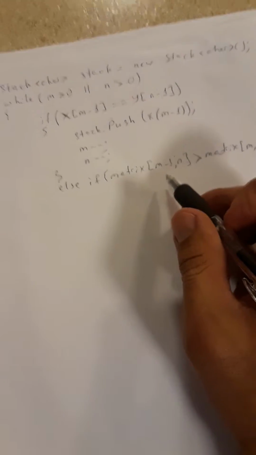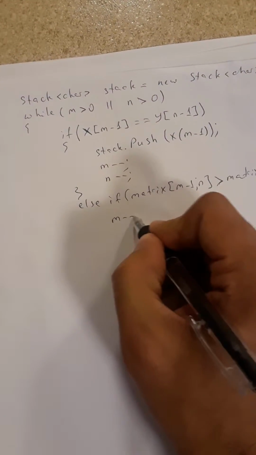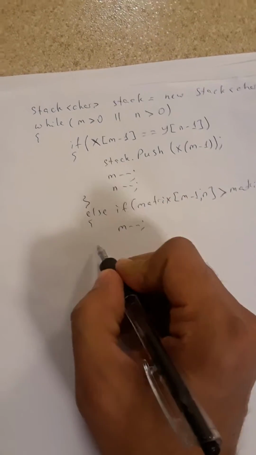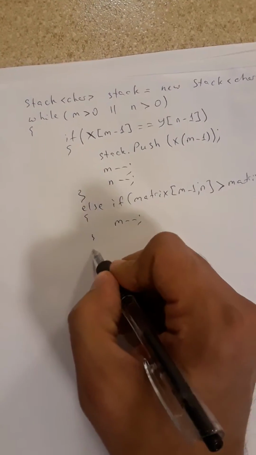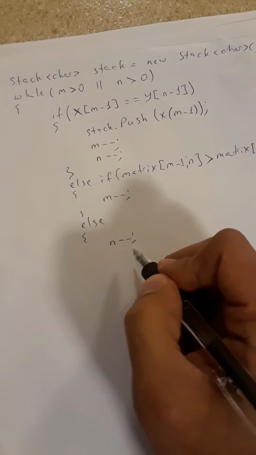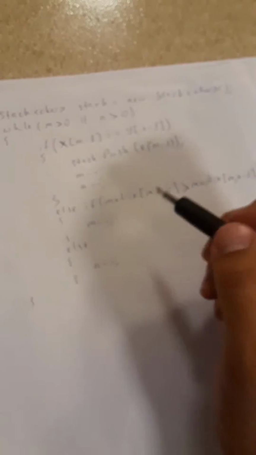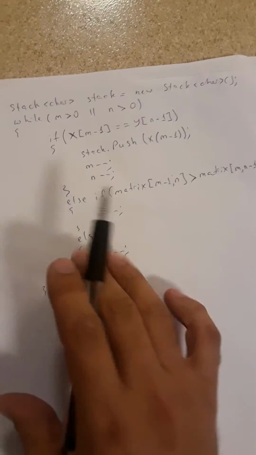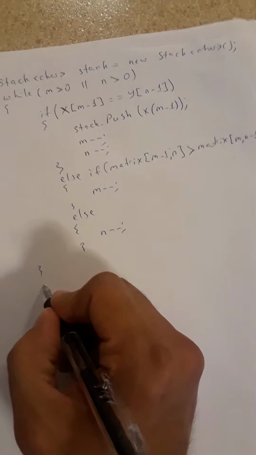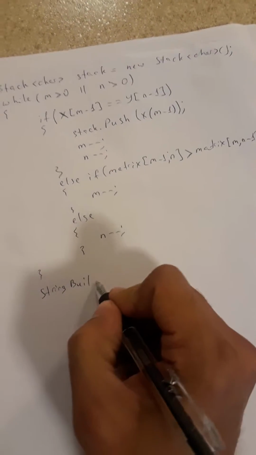So in case the maximum value is on the left side, I will go to the left by decrementing my m value. In other case, I will just decrement my n value, just go to the next top cell. So by this while loop I will populate my stack with the common characters, and after that I will need to pop them from the stack and return them as a string.